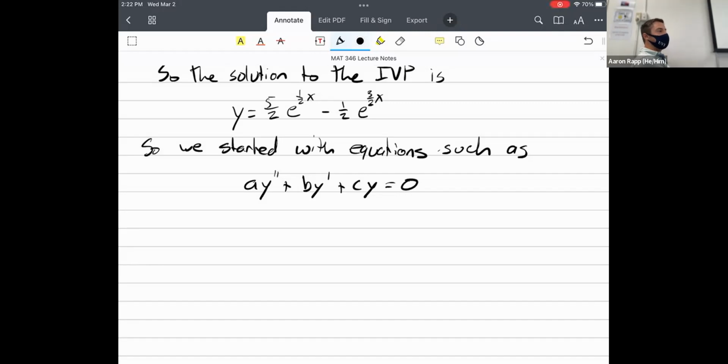Not all differential equations are probably going to have constant coefficients. Maybe it's going to be like what we saw with some of our stuff with first order differential equations, where there's going to be functions of our independent variable.